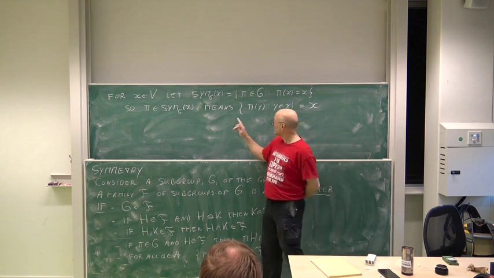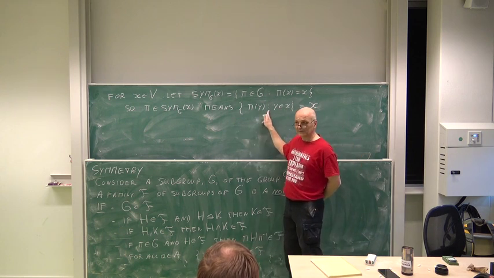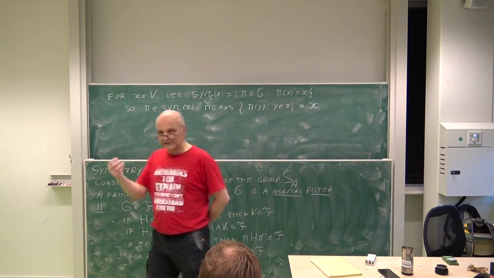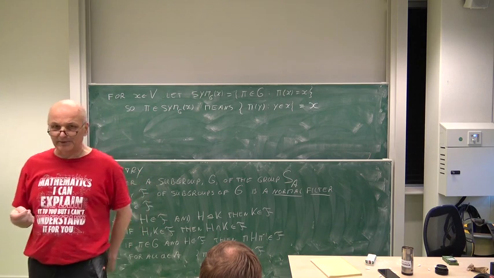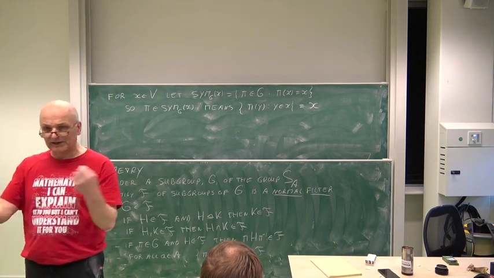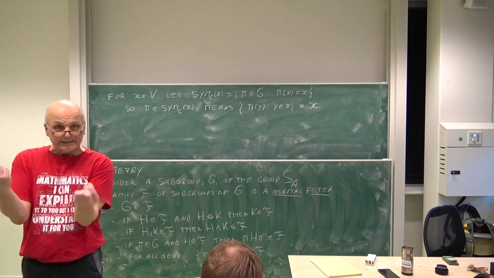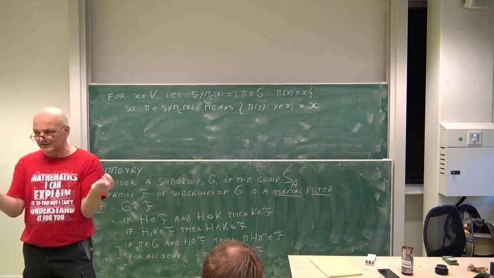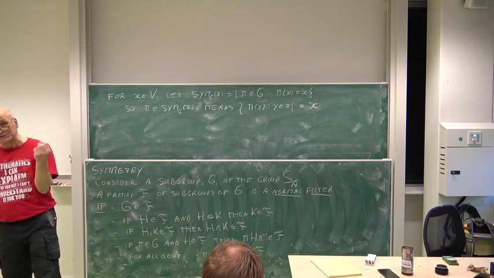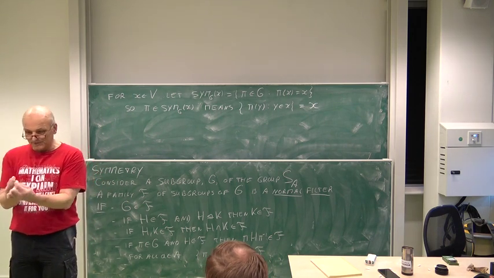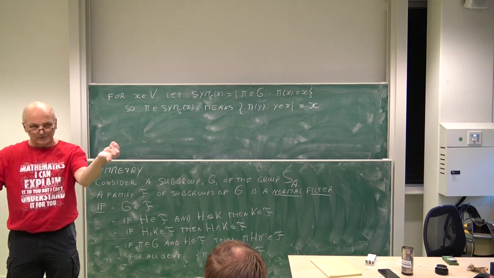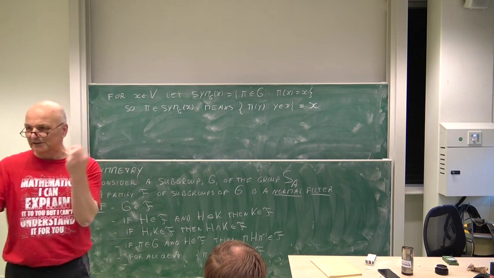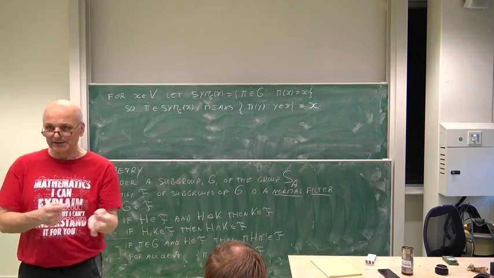If x is a function, then there's all kinds of ordered pairs floating around here. But it means that if the function is invariant under pi, those ordered pairs get switched around only. And that tells you something, usually with some trick, about the values, because the first coordinates determine the second coordinates. And so you lose a little bit of freedom, and that loss of freedom can help you actually prove a few things.